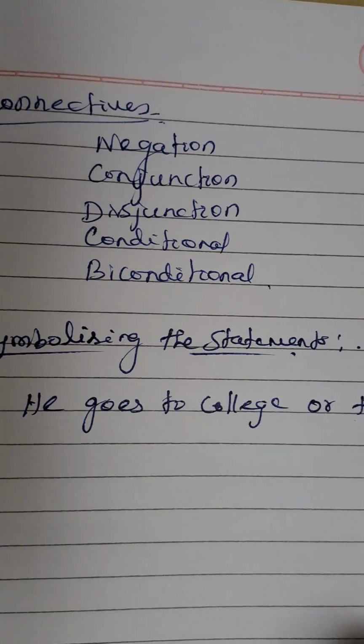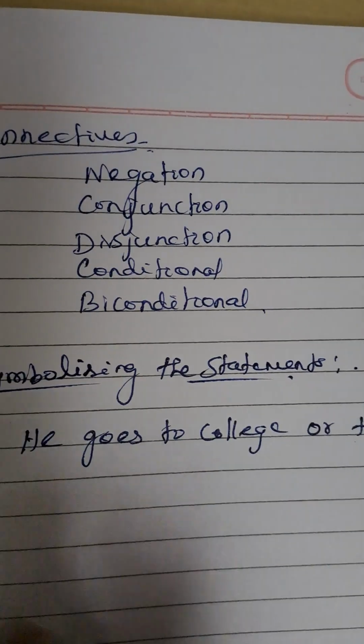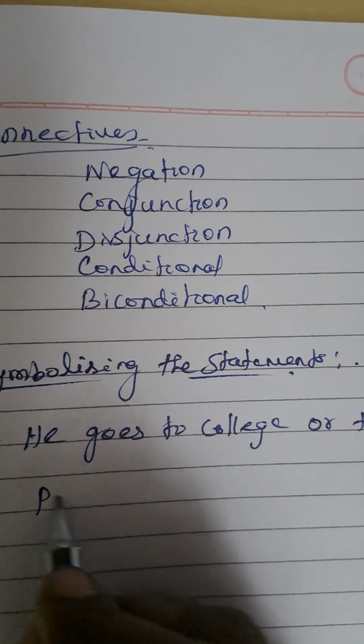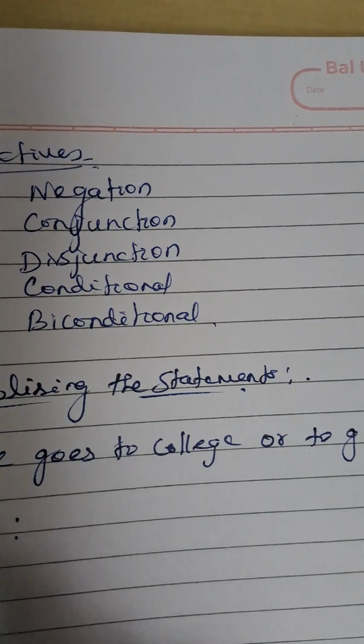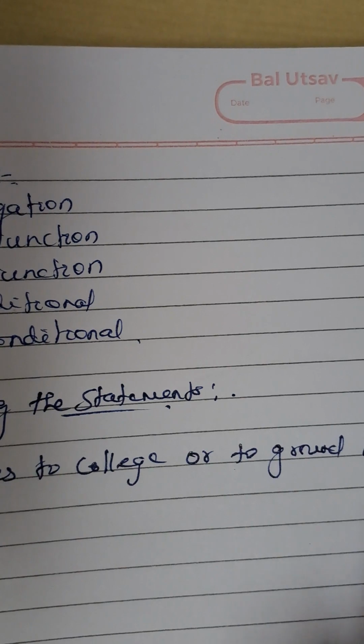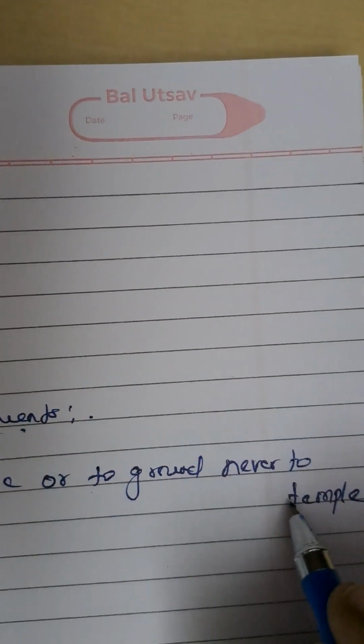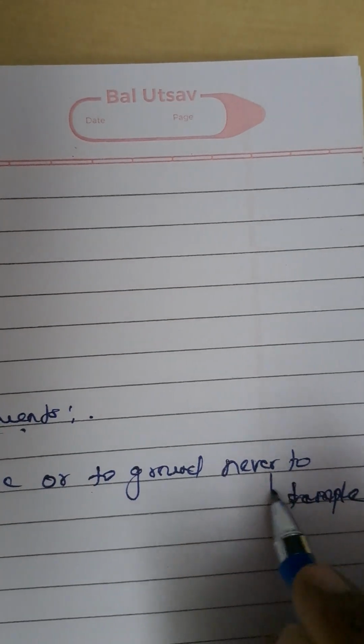Okay, he goes to college or to ground, never to temple. So how do you define this? First you said there are three statements here. He goes to college, he goes to ground, he goes to temple, not temple. So it is not matching here. So library you can take.